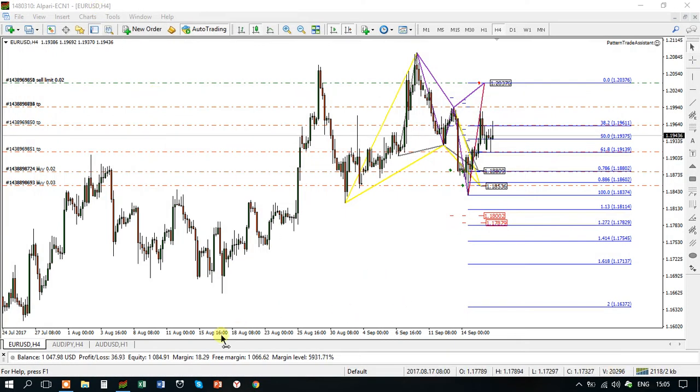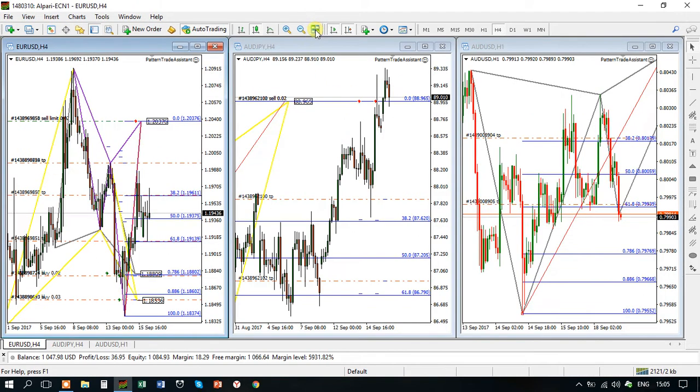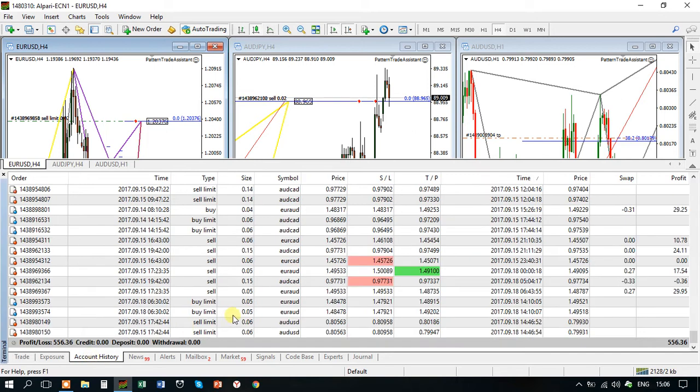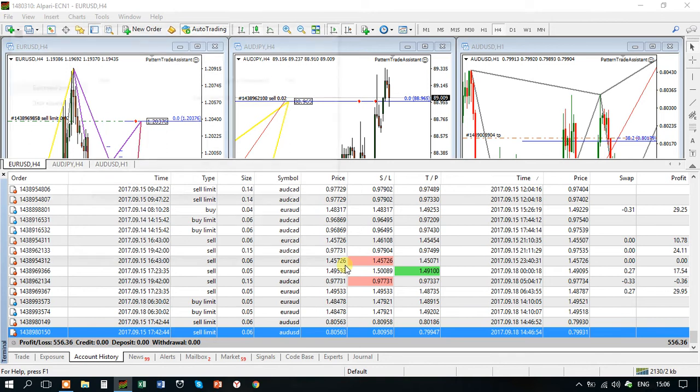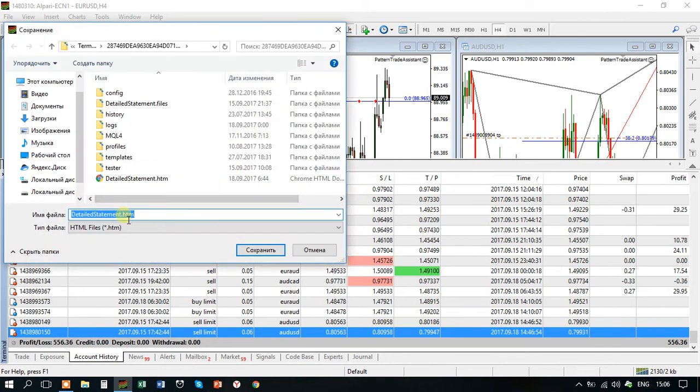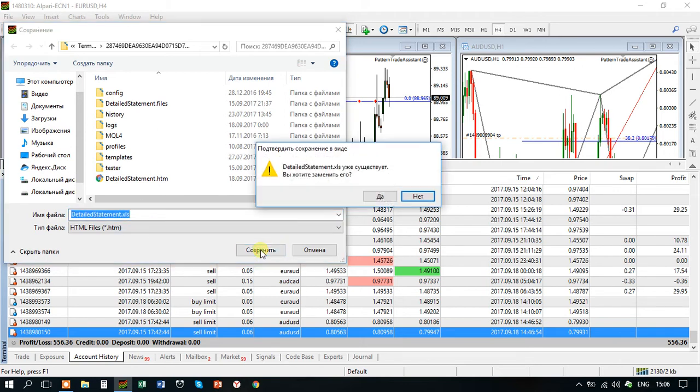Let me explain that. I also promised to you to show my stats with this strategy, save as detailed report, and instead of saving it as HTML file, I will save it as XLS file. Why I need XLS? To open that file in Excel spreadsheet.